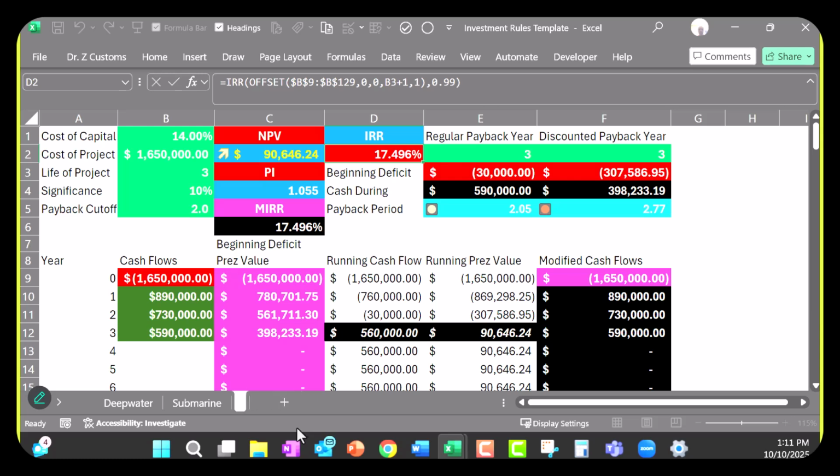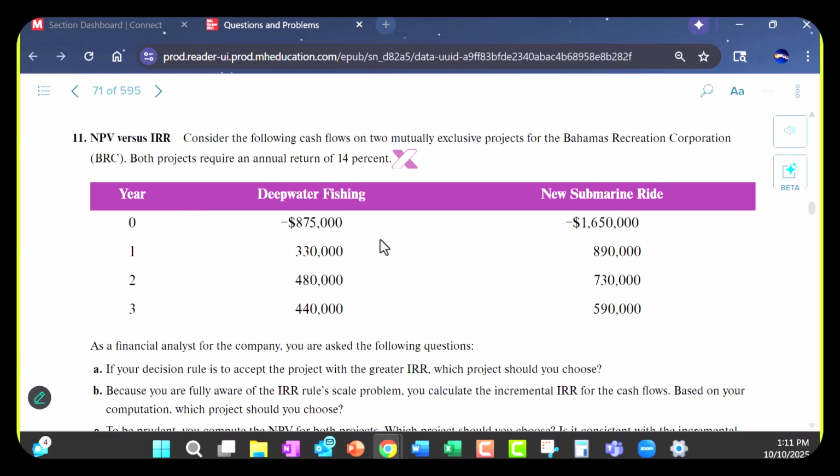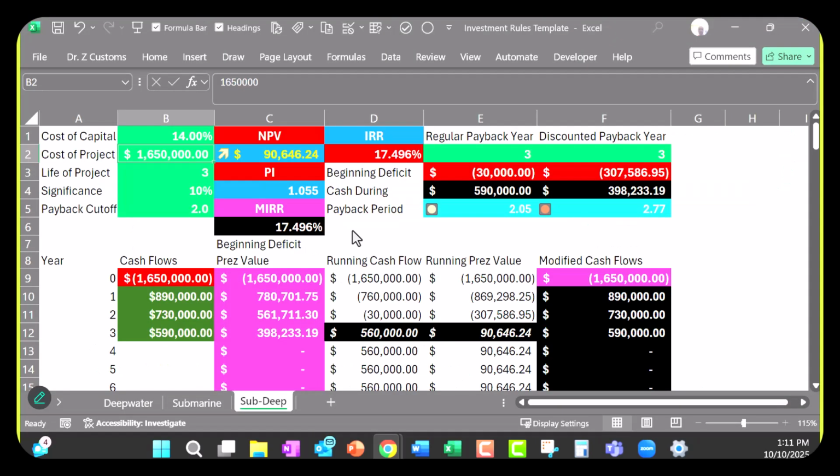In fact, I'm going to make this as submarine minus Deepwater. Cost of capital is the same. Cost of project is the difference between the two. So 650, 750, 775.